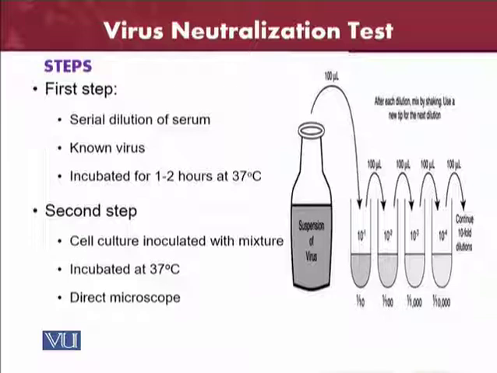The known virus is added and incubated for 1 to 2 hours at 37 degrees centigrade. These are the known serum dilutions, and the virus is suspended in them. The second step is cell culture inoculated with the mixture, incubated at 37 degrees centigrade, and then we can see under the microscope whether plaque formation occurs or not.